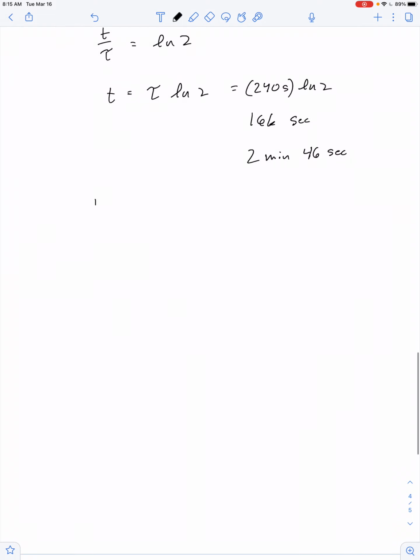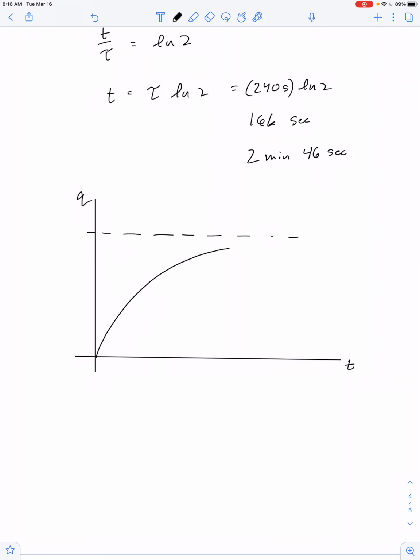So again, we look at the graph of charge versus time for the capacitor. Initially, the capacitor is uncharged, and it takes a time of 4 minutes to reach 63% of that maximum value charge, which, by the way, happens to be equal to, as we said, 960 millicoulombs.